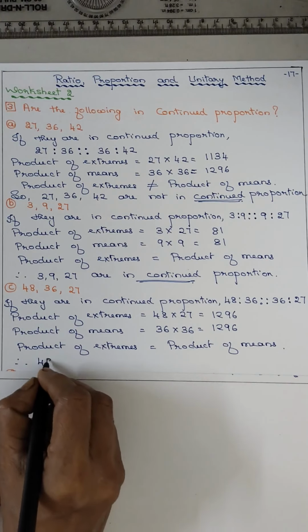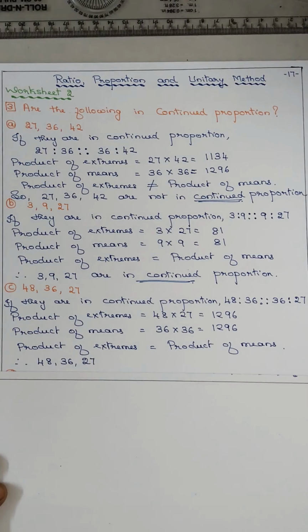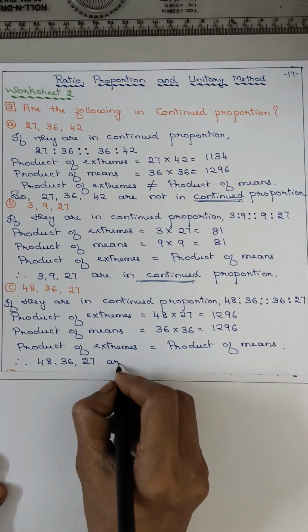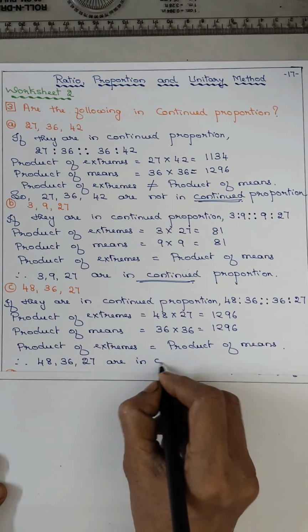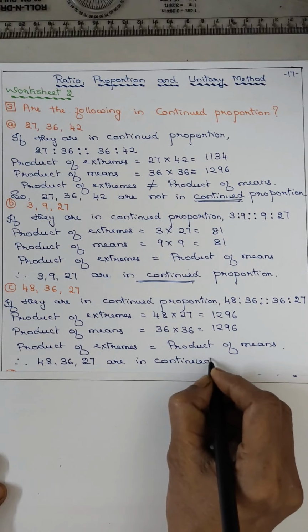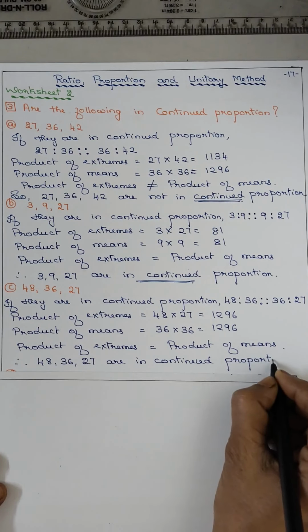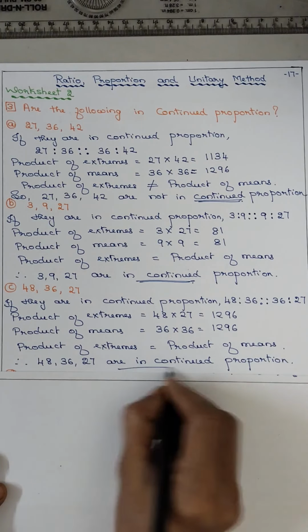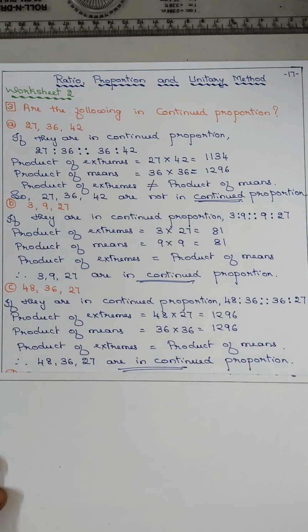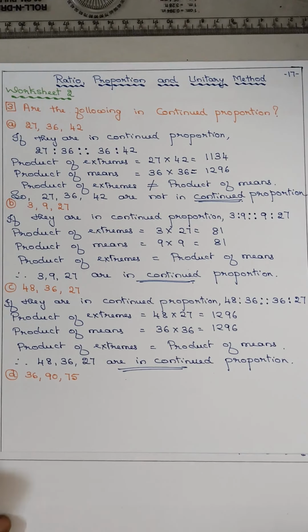Therefore 48, 36, 27, only 3 numbers you have to write now, are in continued proportion. When 4 numbers are there, it is proportion. When 3 numbers are there, then it is continued proportion.